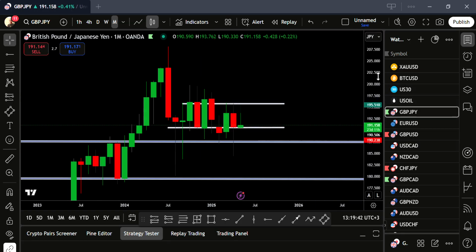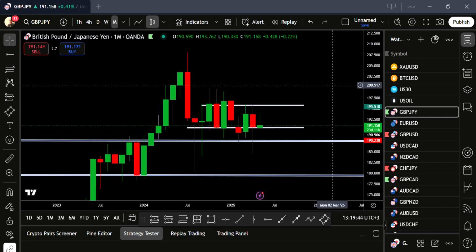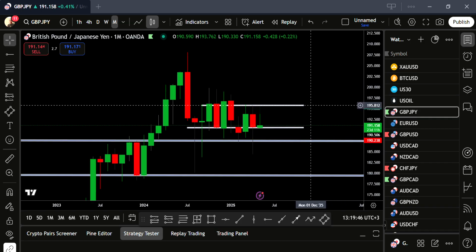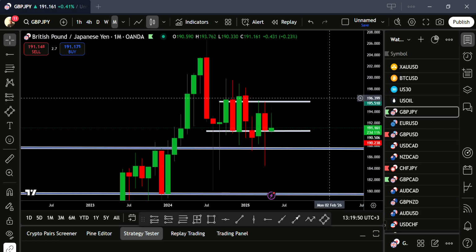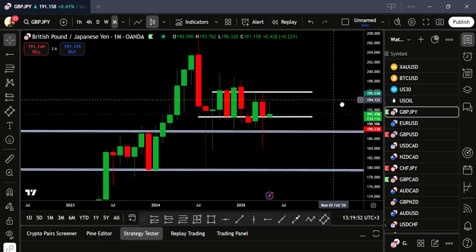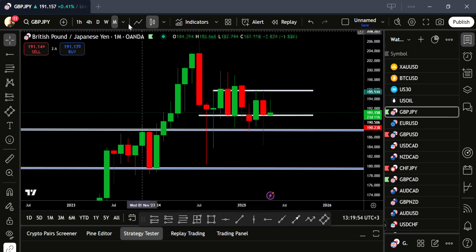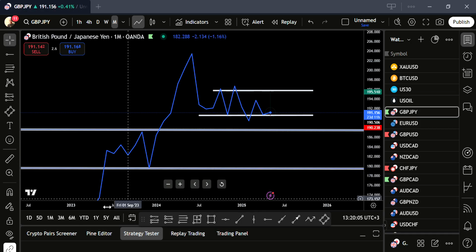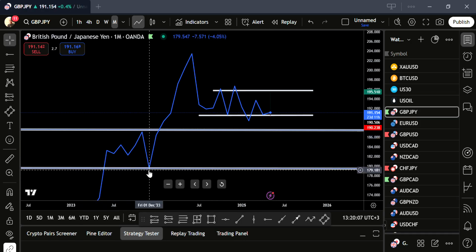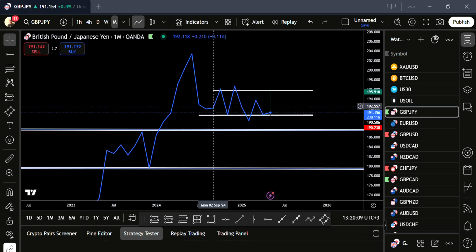So this is GBP JPY. We have something that looks like a head and shoulder on the monthly time frame. Let me show you. Price was going up, retraced, went up, retraced. Now we have been in a consolidation.